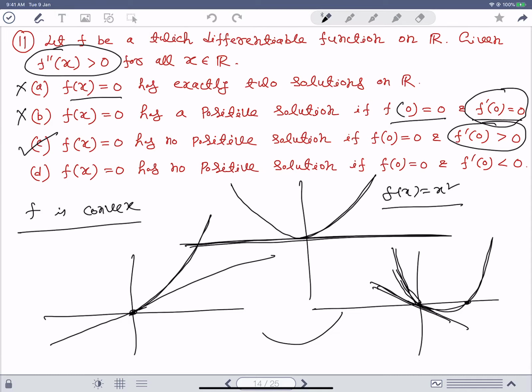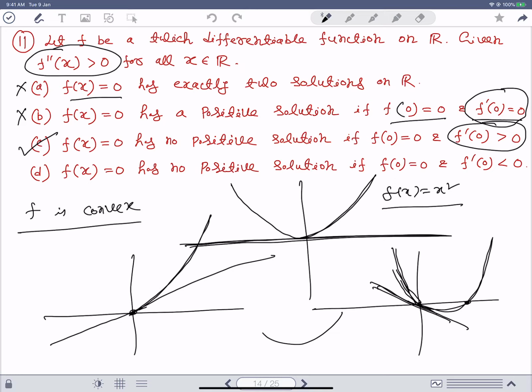Sir, why is this tangent passing through 0, 0, the origin, sir? No. It is given that f dash 0 is bigger than 0. f dash 0 means we are talking about the tangent at x equal to 0. You did not get it? The tangent should pass through 0, right?